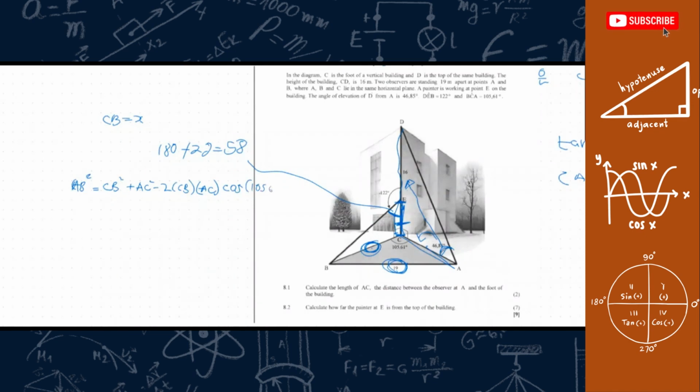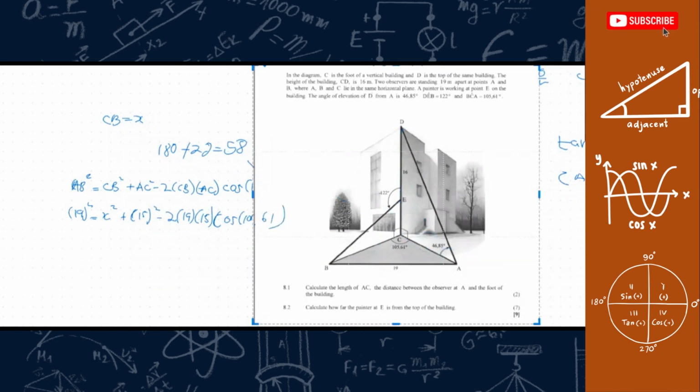It's going to give me a quadratic equation, right? Because here I will have AB as 19 squared. This is going to be X squared plus 15 squared, I just calculated that, minus 2 times X times 15 times cos of 105.61.